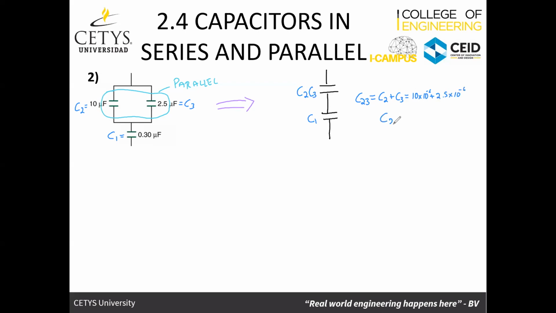So C23 is going to be equal to 12.5 times 10 to the minus 6. So these two are in parallel. When we combine them, we get this, and these are clearly in series.